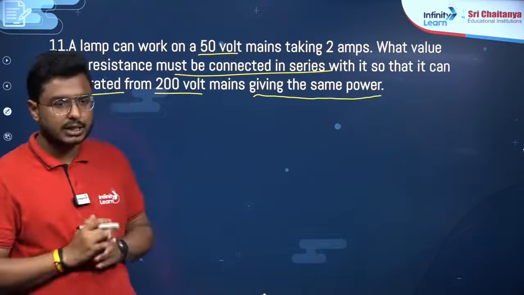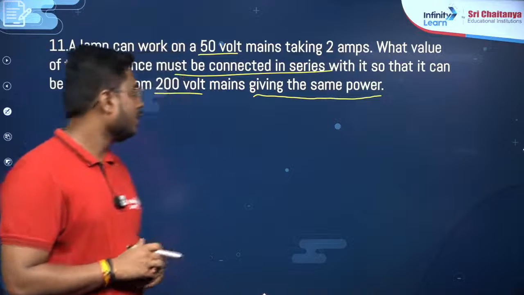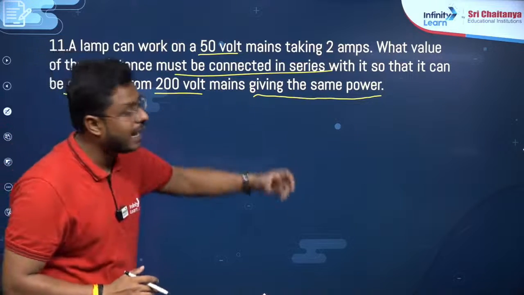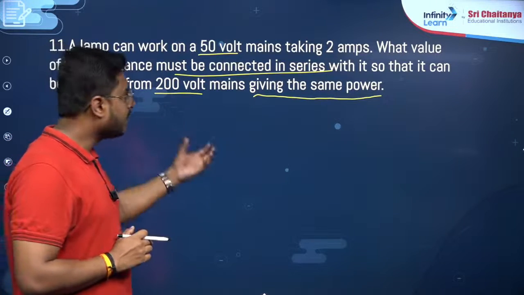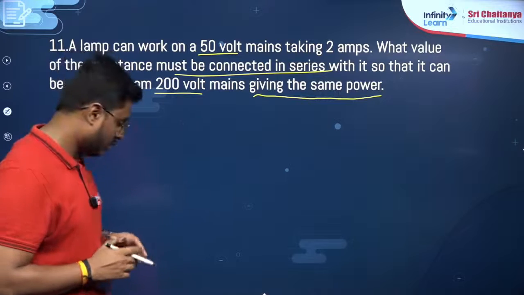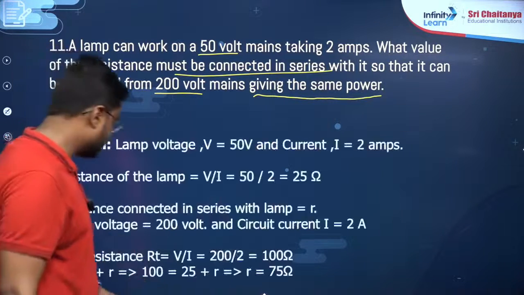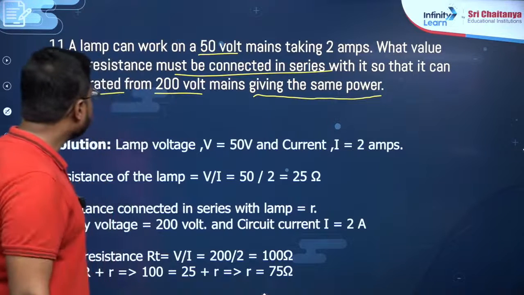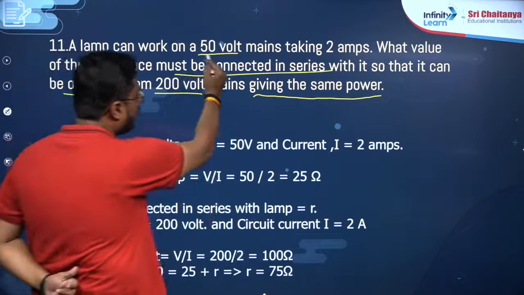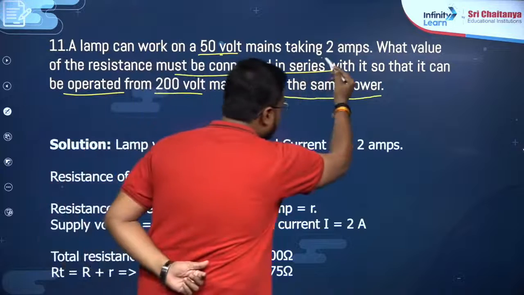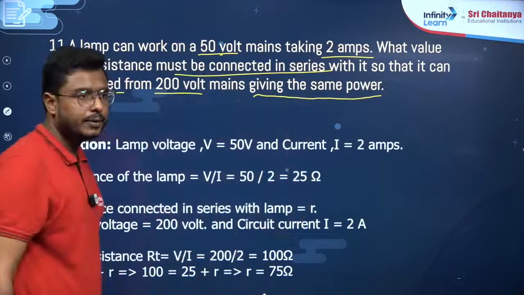First find out the resistance, then check what value of resistance you can add more to get the same power there. So let's first calculate the initial resistance. It is given that the lamp can work on a 50 volt mains taking 2 amperes. Correct?